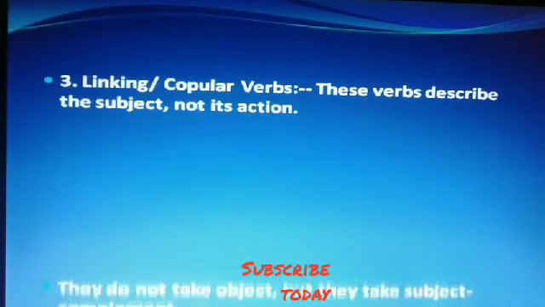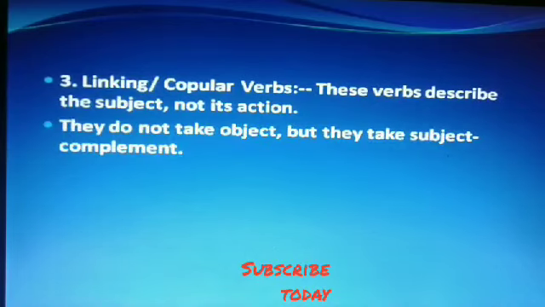Linking verbs do not have an object, but they have a complement. Complement means that which completes the action, that completes something, the function of the verb, that is called complement. So, linking verbs always take complements, but they do not take any object. Object, you do not find the answer to the question whom or what.